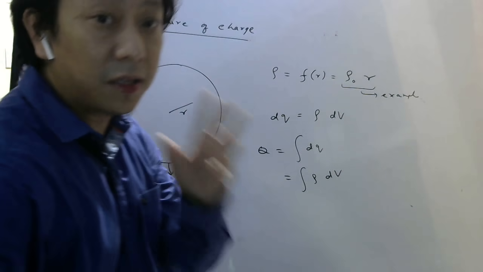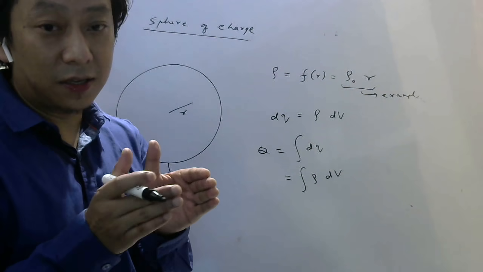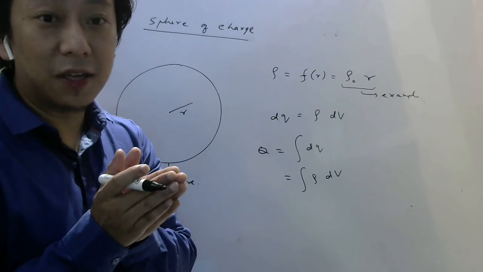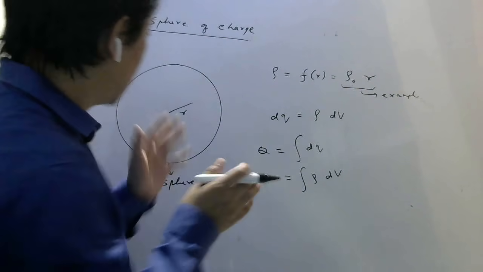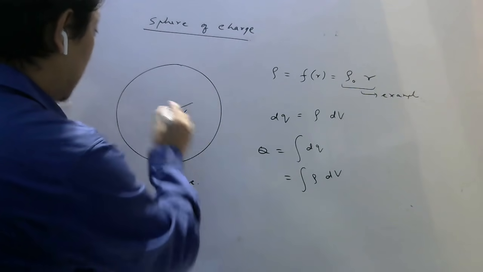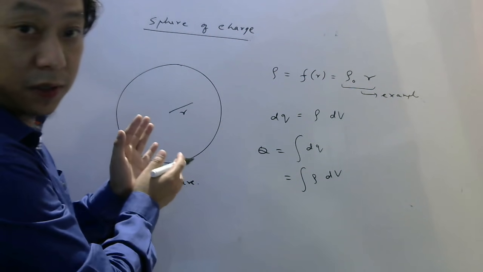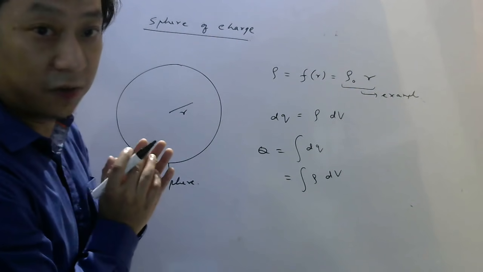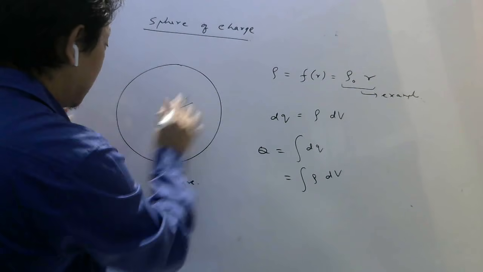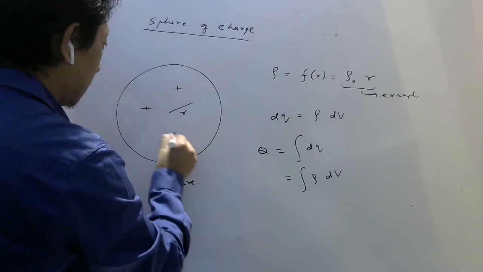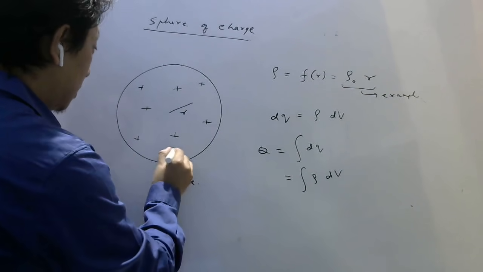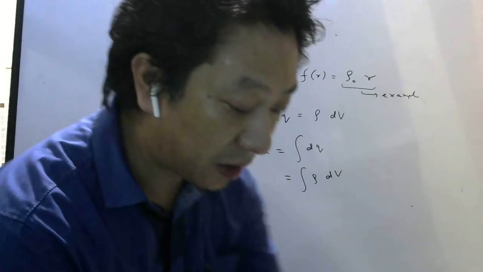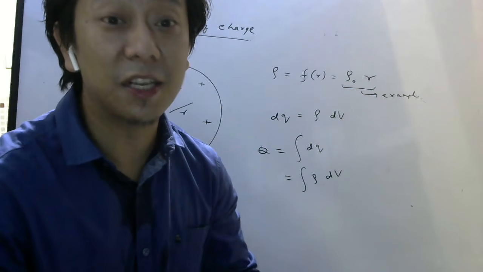So now think, just like a disk can be imagined as made up of rings, similarly a sphere which has charge everywhere. This is not a hollow sphere, okay? This is a sphere where there is charge everywhere. Such a sphere you can imagine as made up of shells.